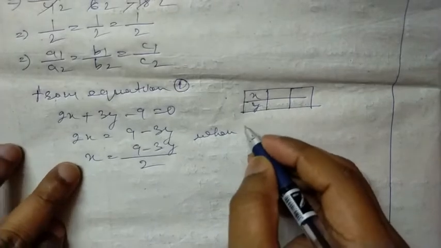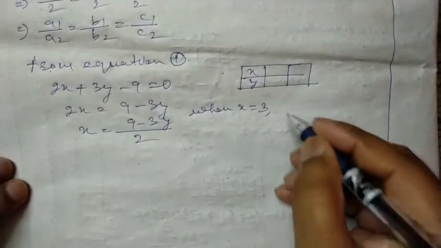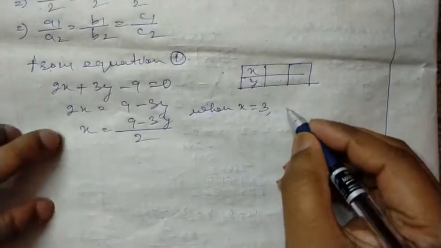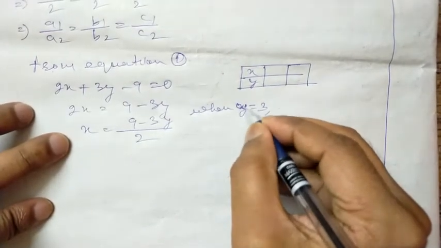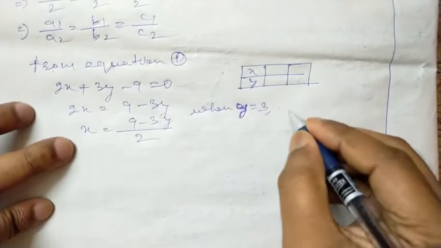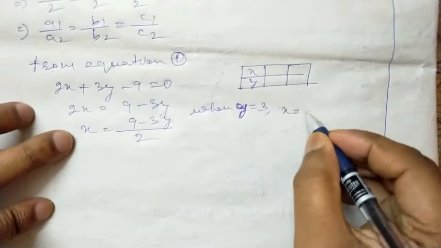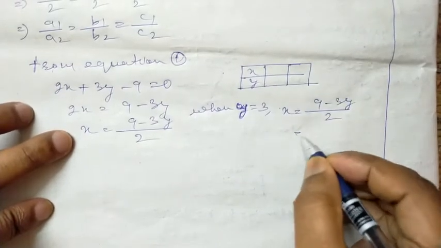When y is equal to 3, we get the x value from (9 minus 3y) divided by 2.